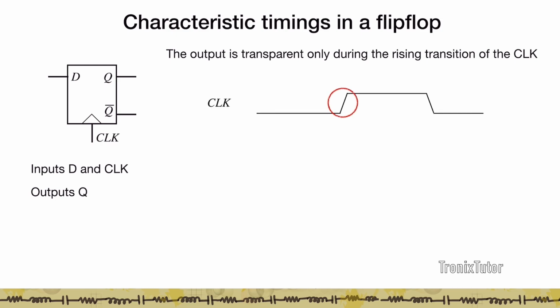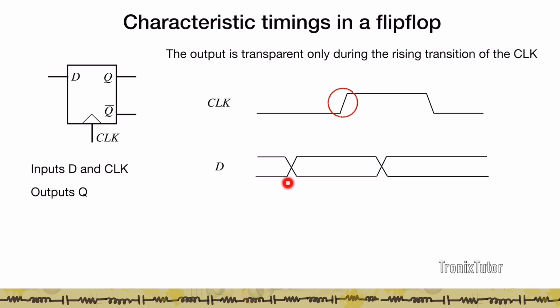So if I look at the timing diagram, say a clock signal comes and this is the transitions at D. Again, in timing diagrams, these symbols denote a transition in the signal.